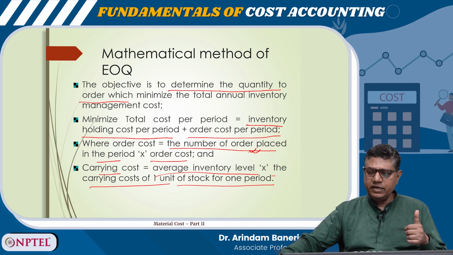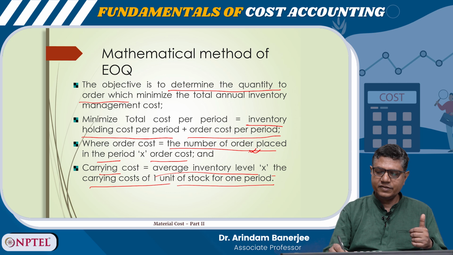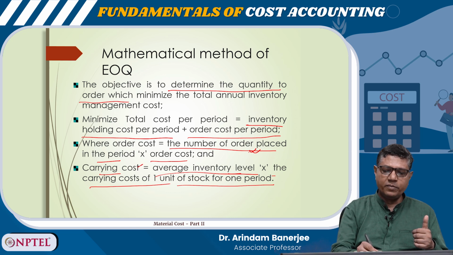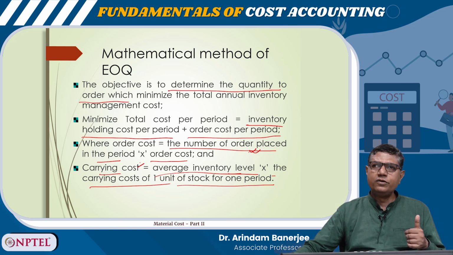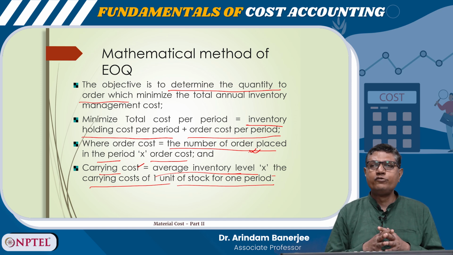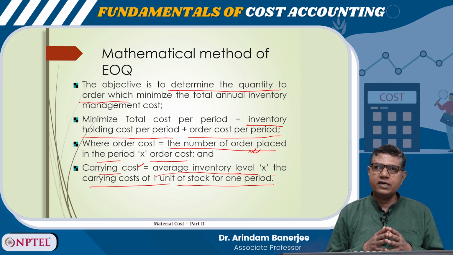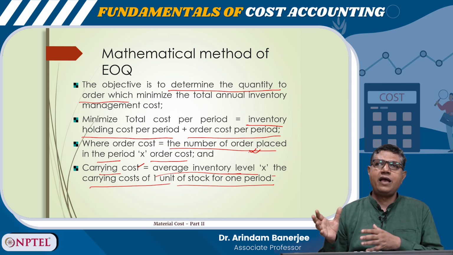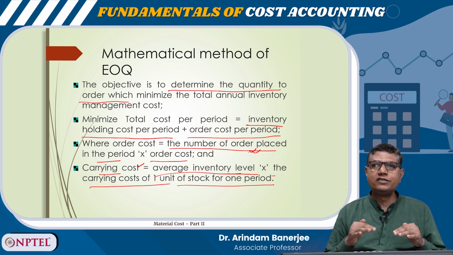Similarly, if the inventory level goes up, the carrying cost will go up, right? So, we need to optimize, we need to find a solution. We need to find out what quantity we should order, so that the combination of these two costs, ordering cost and carrying cost, remains minimum, right?